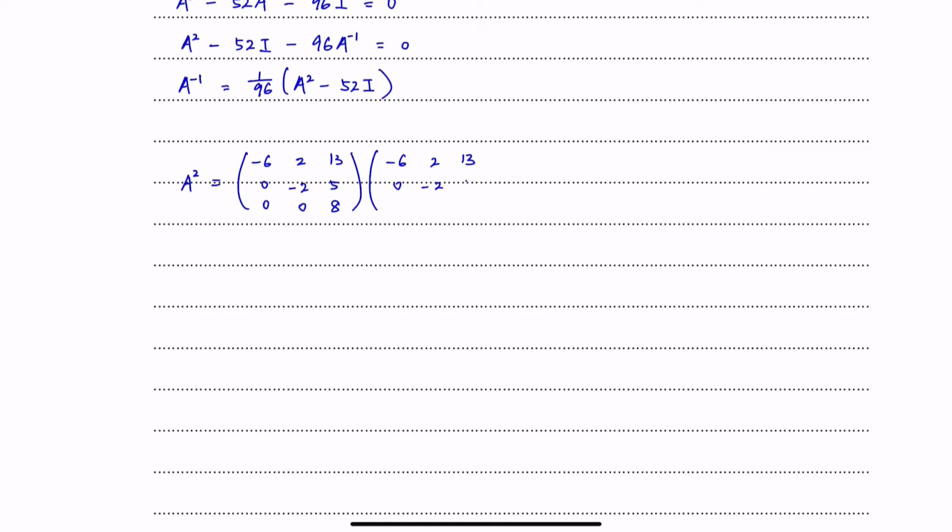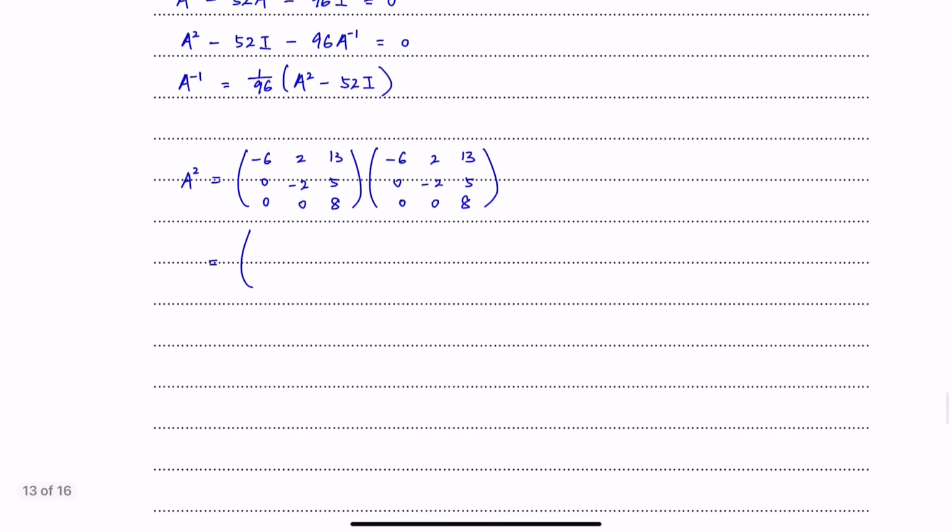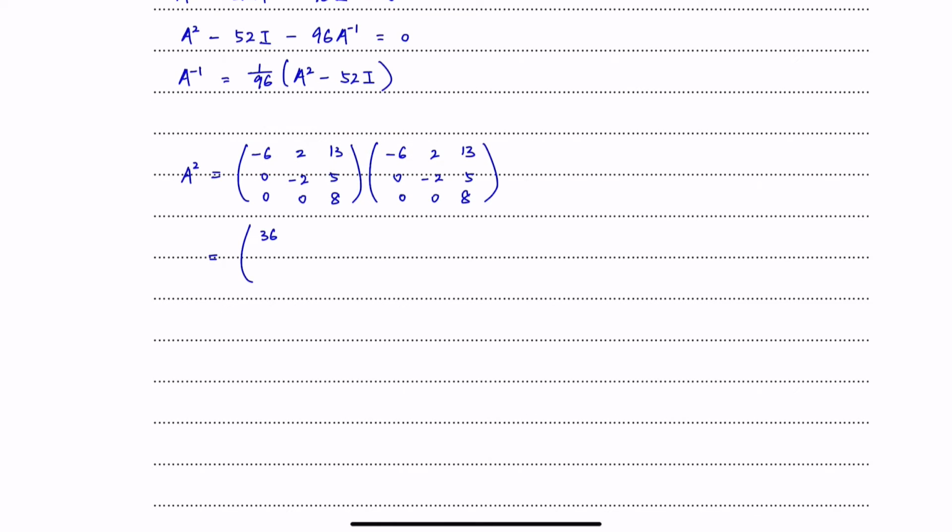Same thing. To get the first number, we take this row times this column. So this times this, plus this times this, plus this times this. And we would get 36.